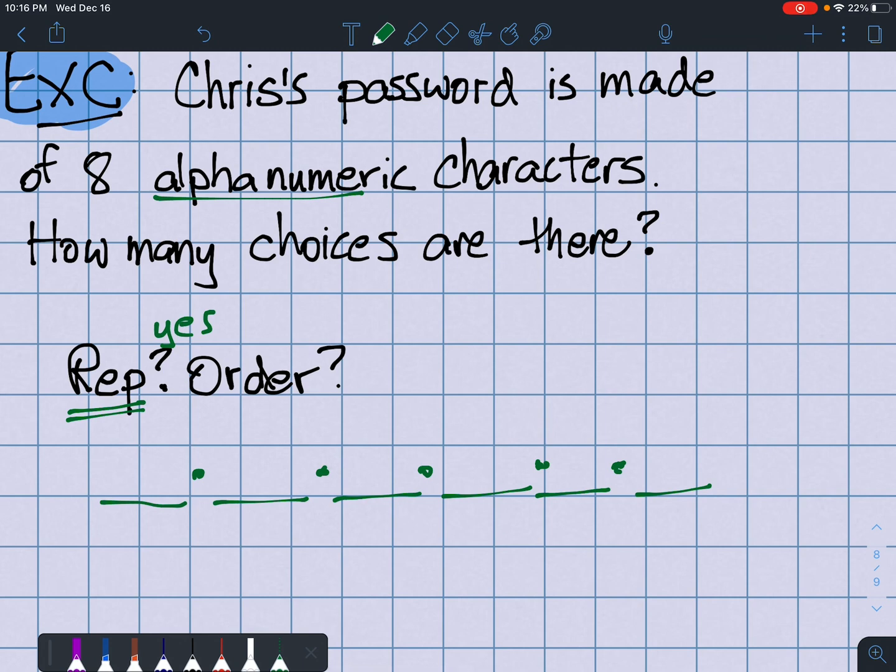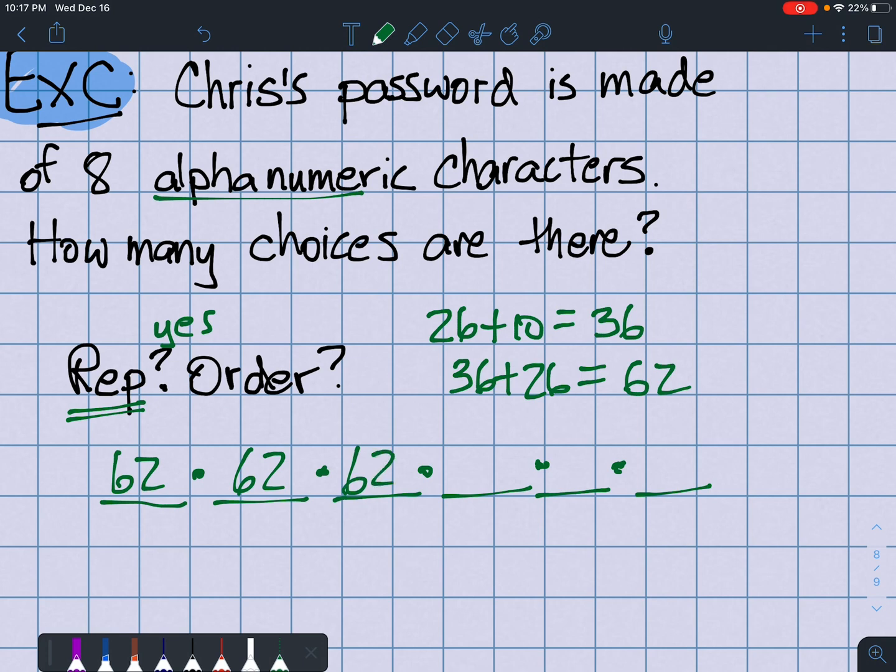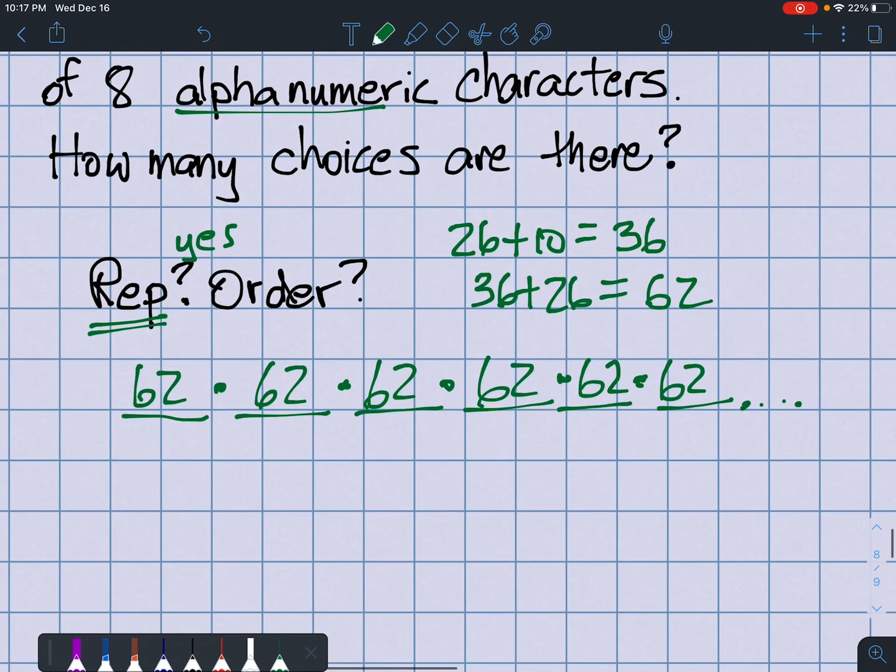In this case, we have 26 letters in the alphabet plus 10 digits. That gives me 36. Now, if we included capitals as well, then we would have to add on another 26. So that would be 62. So 62 times 62 times 62 times 62, right? And we would have 8 of these. So the shorthand notation is 62 to the 8th power.